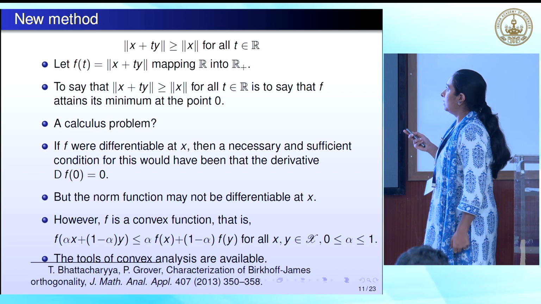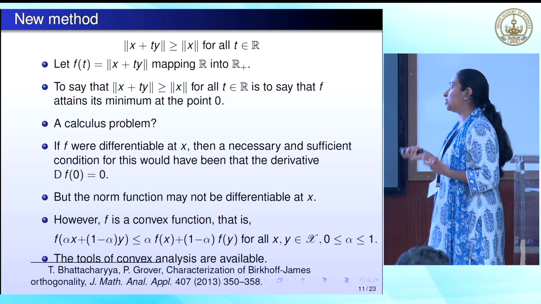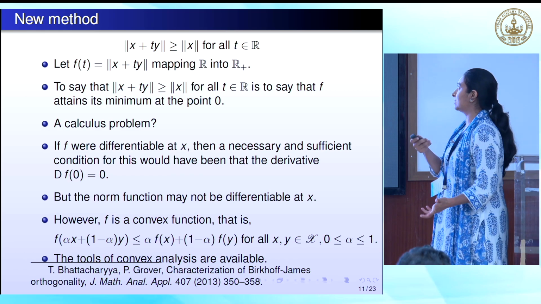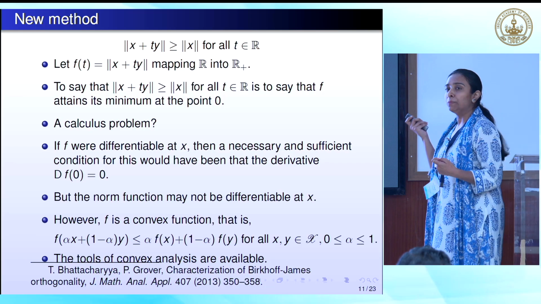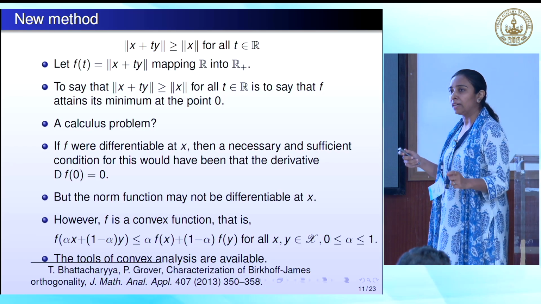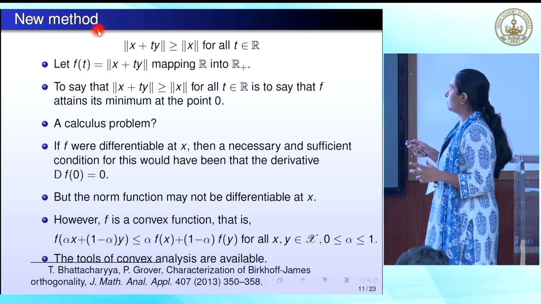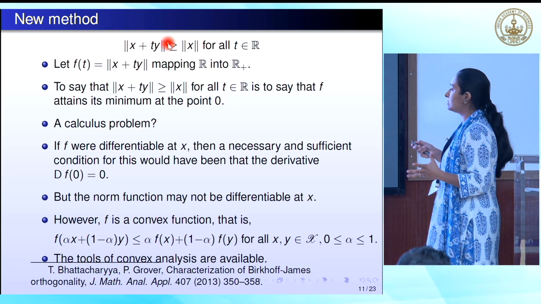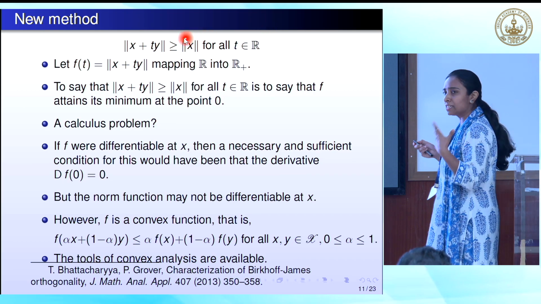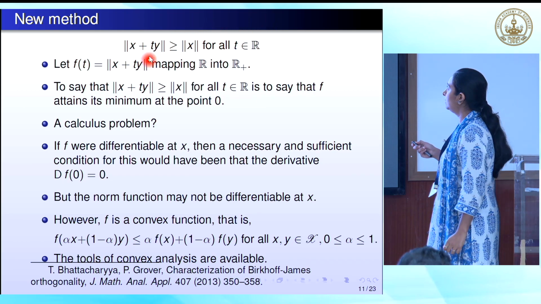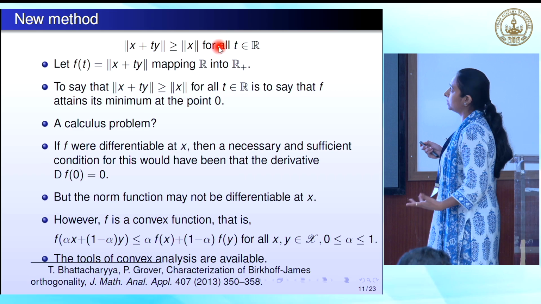What we did initially, with Tirtho, who is sitting here, was develop a new method of looking at this particular problem via a different lens. This was a very simple idea. Remember that if x and y were vectors, and suppose I was in real space, which is easier to understand, then my t would be coming from the reals.